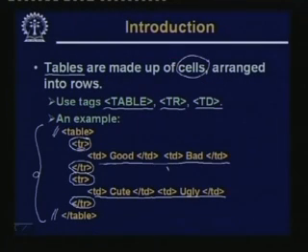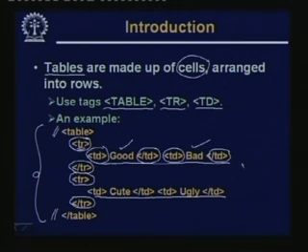Within a row of the table, the tag td is used to identify or demarcate the individual cells of the table. You see begin td, end td, this identifies the first cell whose content is good. Similarly, td and end td, bad.